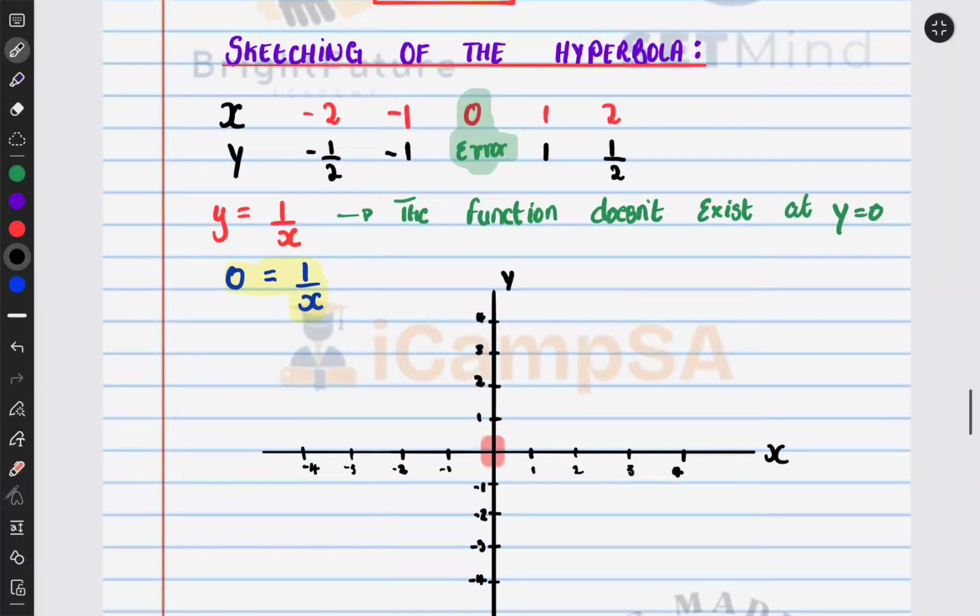Okay, now let's plot the points. Where x is -2, y is -1. So it will be halfway. Sorry, I'm trying to check if I made a mistake somewhere.